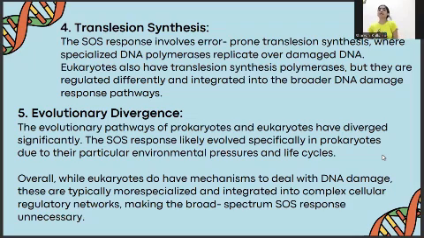So we can see that typical prokaryotic cells, which are primitive, typically lack the property of handling environmental stress and the life cycles which are occurring intracellularly in their cells. Overall, while eukaryotes do have mechanisms to deal with DNA damage, these are typically more specialized and integrated into complex cellular regulatory networks, making a broad spectrum SOS response unnecessary.